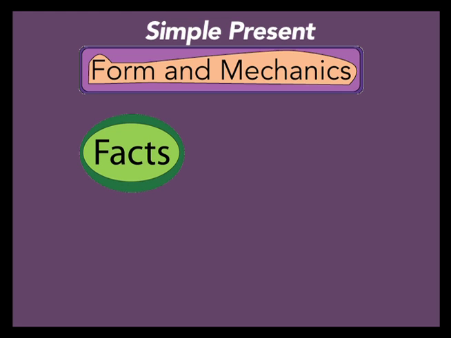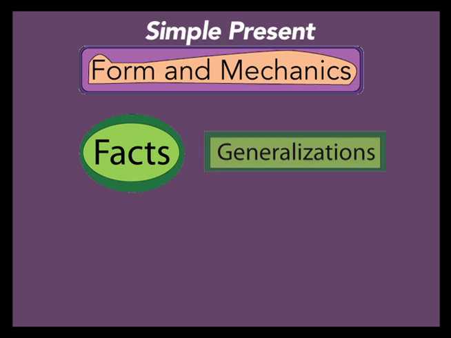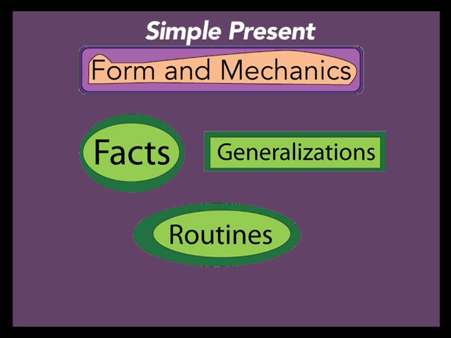A fact is something that stays the same, but some facts can change over time. Generalizations are something that people believe about certain people or places. And then routine, that's something you do all the time, either daily, weekly, monthly, yearly, just things you do a lot of the time.